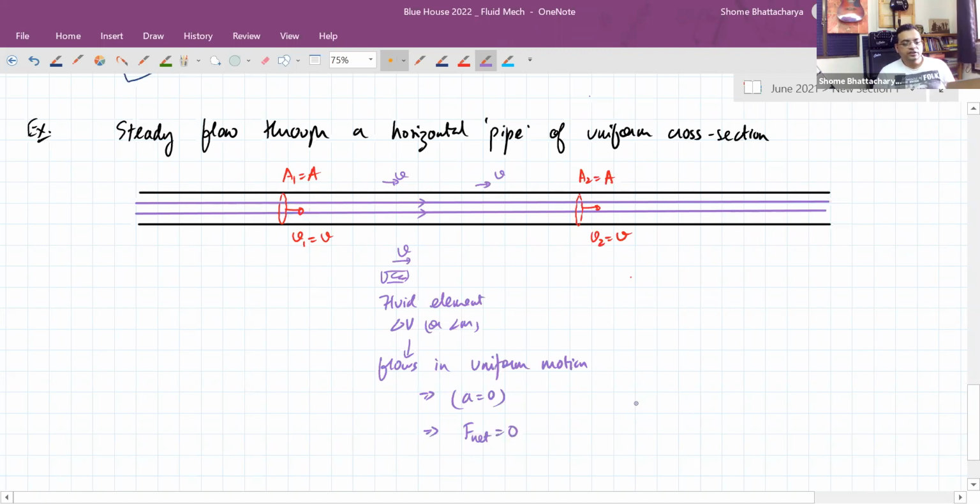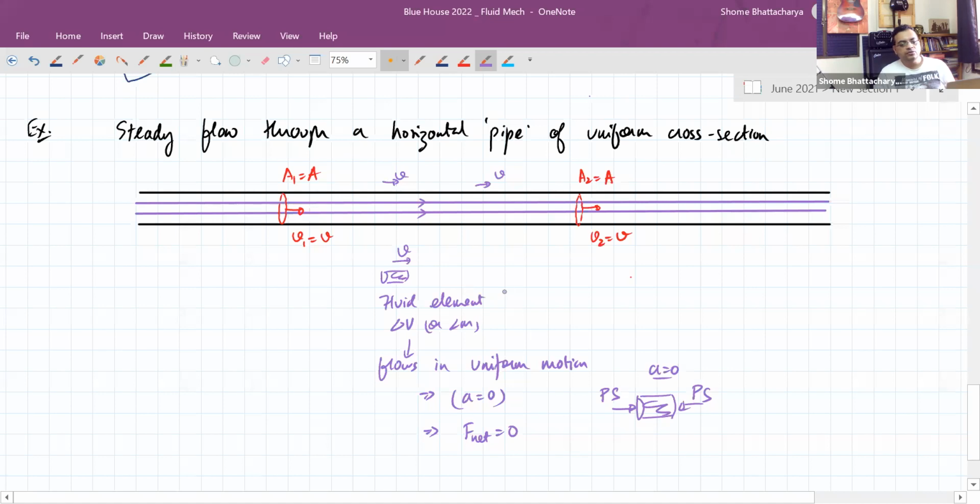So if you think of the free body diagram of that fluid element, if the pressure from this side is P and the cross-sectional area is S, then the pressure from this side must also be the same, with the same cross-sectional area, because its acceleration is 0. So net force must be 0. Okay.